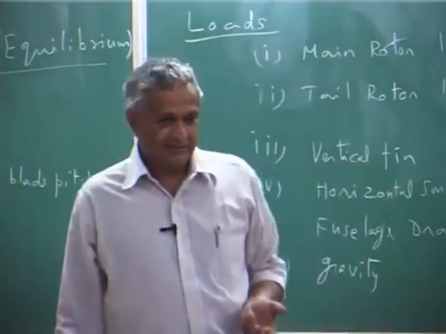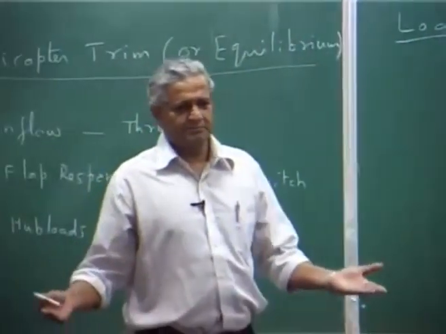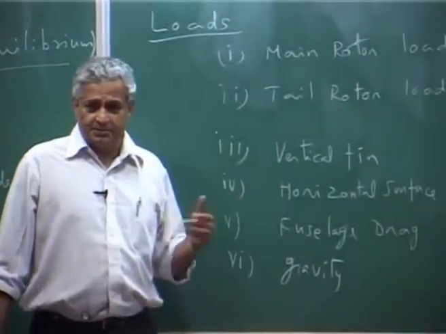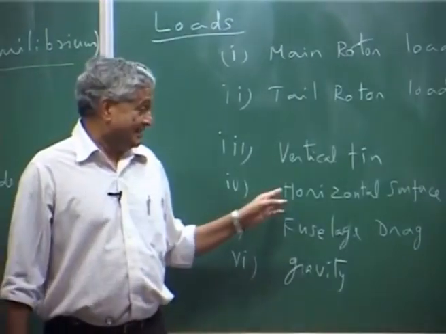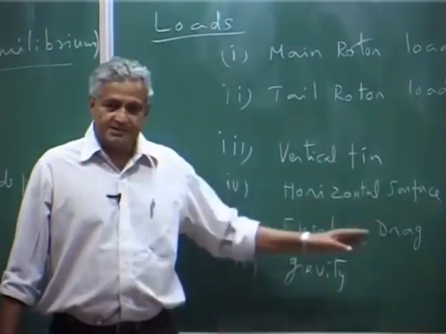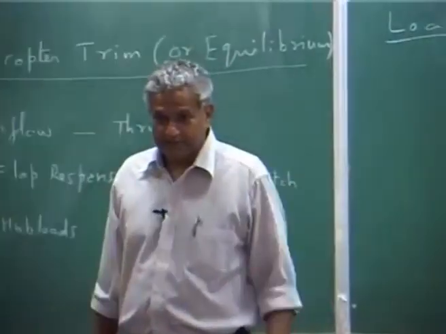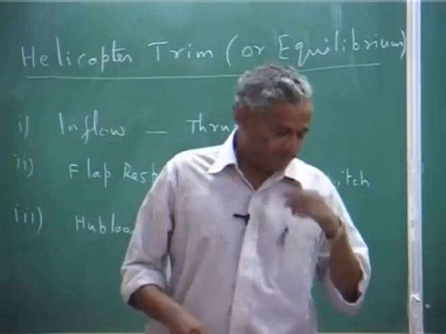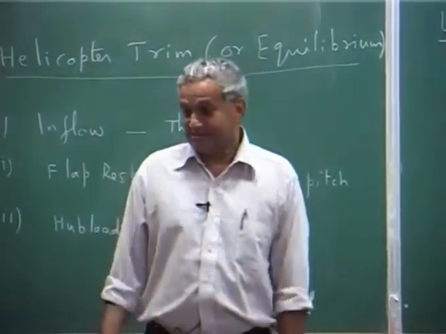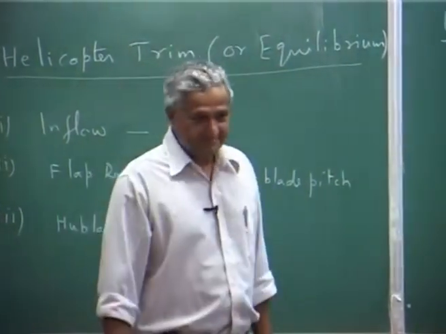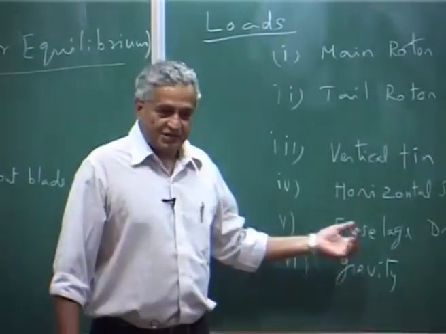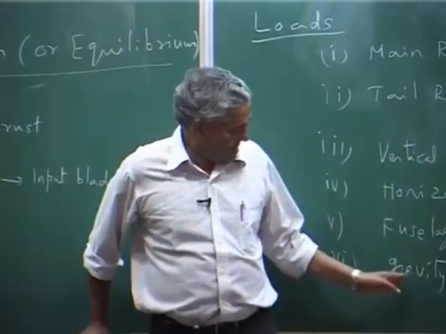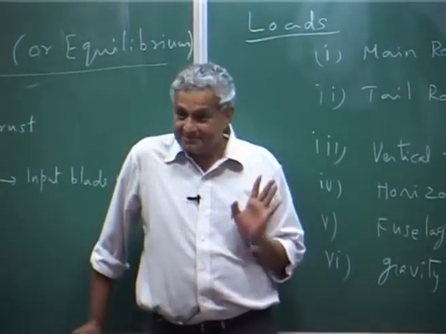But if the fin is not there, then you neglect it. Horizontal surface, some helicopters have big ones, some will have a very small one, some may not have any horizontal surface. And of course, fuselage drag you have to get from wind tunnel. Then gravity acts at the CG.